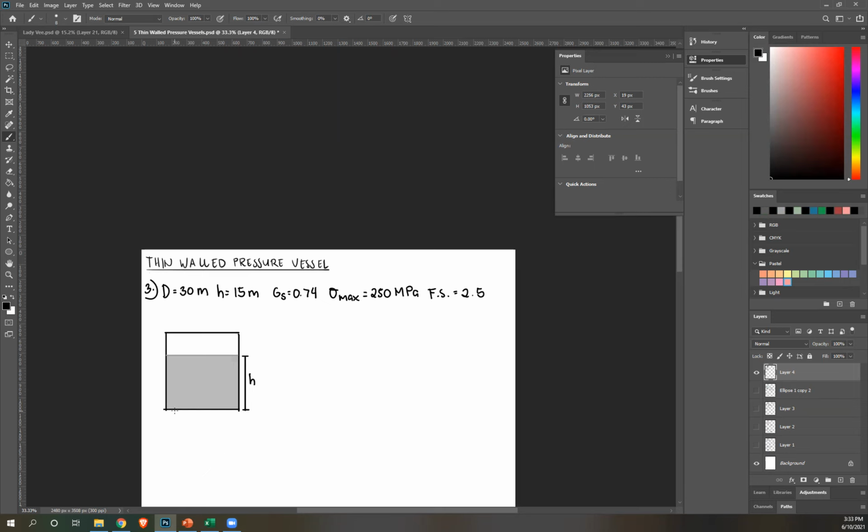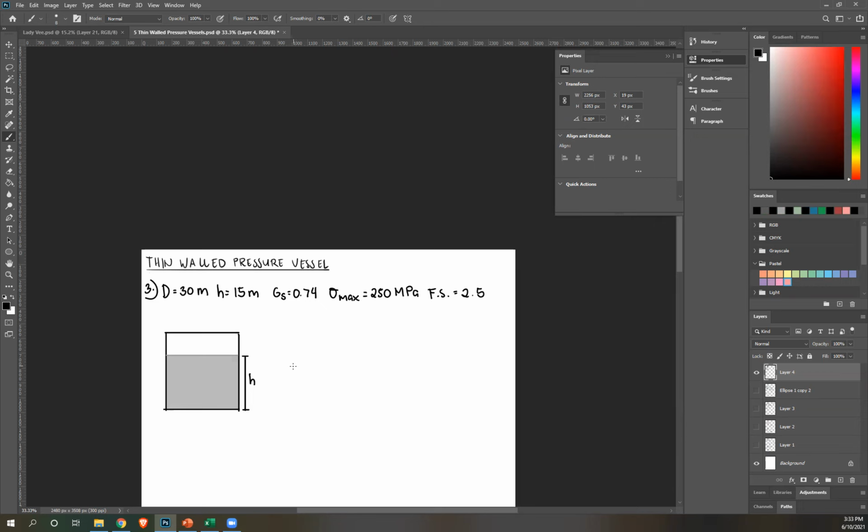So meaning here at the bottom of the tank, pressure will be maximum. So that's why thickness at the bottom is important. That's the same reason why, if you've experienced diving, or if you watch videos, the deeper you go, the more dangerous it is because the pressure increases and it could burst your eardrums because again, pressure is too high.